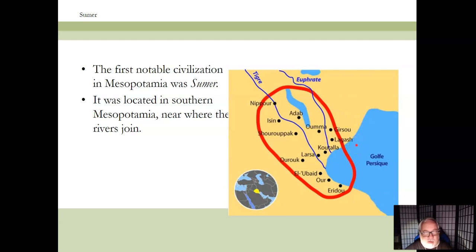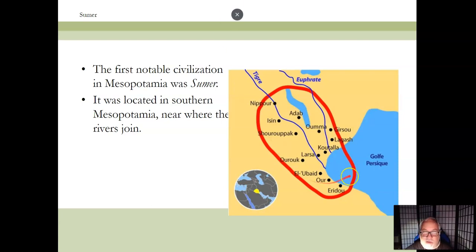So Sumer, not summer, there's only one M, is the first area where civilization popped up. So what's really important about Sumer is it's not the first nation, so don't get that wrong on a test. It is the first civilization, but it's not the first nation. It's the first civilization. What's that mean? Why is that different, right?